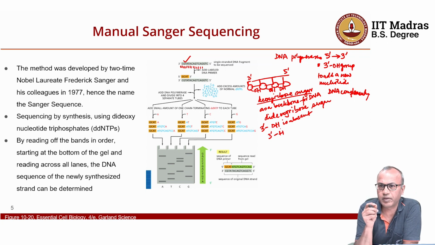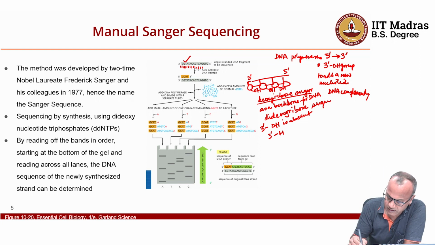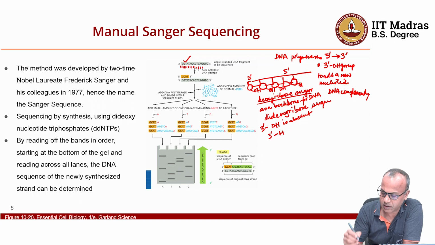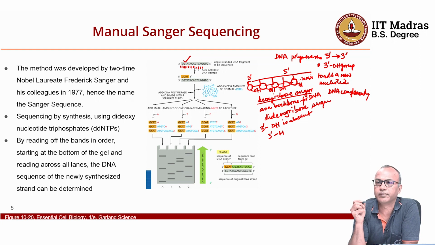Now, what would happen if 3' hydroxyl group is absent? So, let us say if I continue this, next is a nucleotide in which the hydroxyl group is absent. DNA polymerase will not be able to continue beyond this point, and this is exactly what he wanted to do.